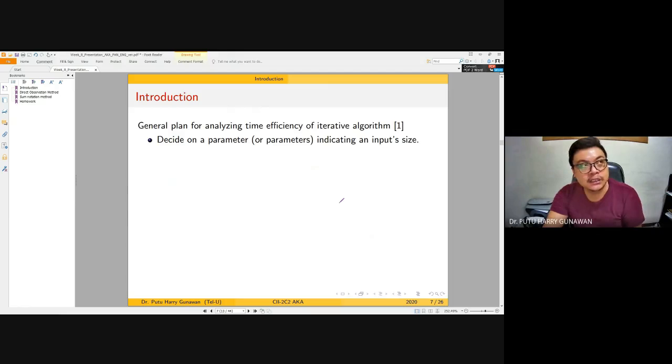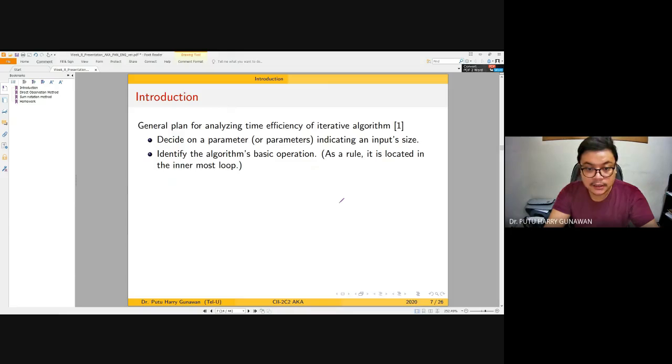So generally, for analyzing time efficiency of an iterative algorithm, we have some steps. First, decide on a parameter or parameters indicating the input size. The second is to identify the algorithm's basic operation, such as where it is located, in the inner loop or something like that.